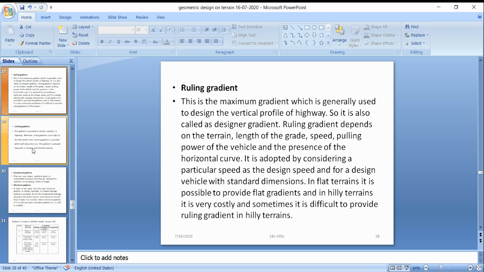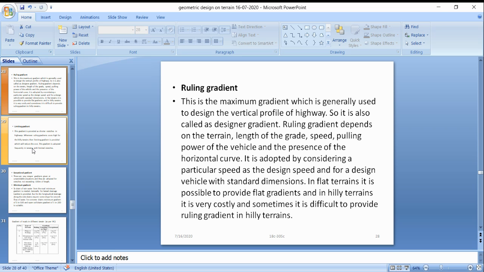So gradients up to the ruling gradient are adopted in normal course of design. Generally, we will provide the normal ruling gradient only. It will depend on the length of the grade and the speed of the vehicle which is coming.